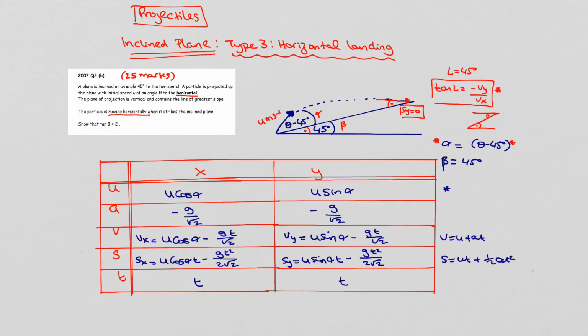So we're going to start with, on landing, sy is equal to 0. So we know that sy, if we go back, was u sine alpha t minus g t squared over 2 root 2.